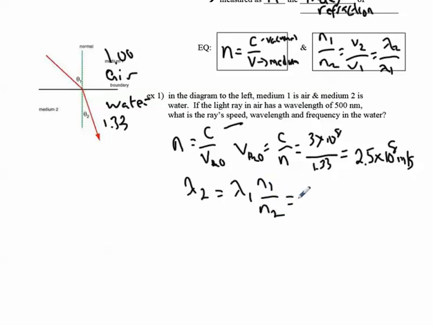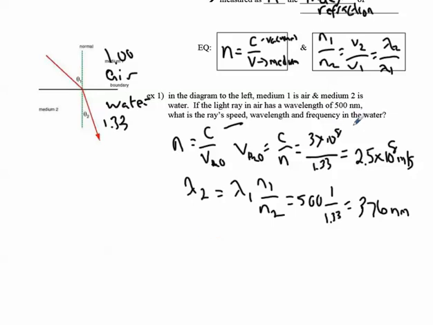So that's going to be 500 nanometers. I'm just going to leave off the units. We started in air, that's n1. We entered water, 1.33. So if we do 500 divided by 1.33, we expect a smaller wavelength because our speed went down, and this is roughly 376 nanometers.